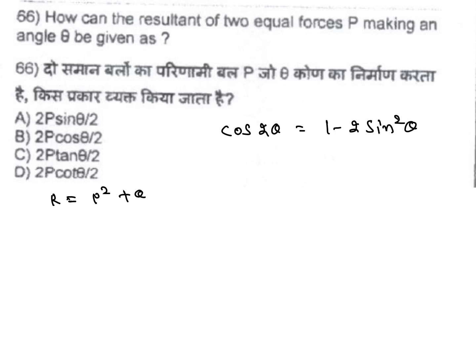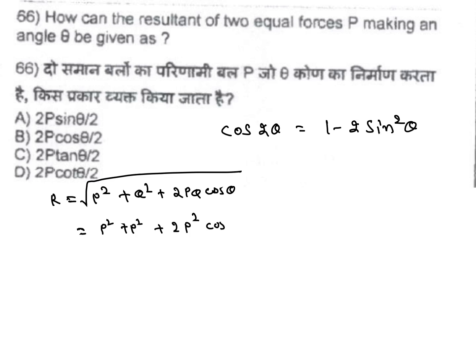Here both are equal, so P square plus P square plus 2P square cos theta. So take common P square, you will get 2 plus 2 cos theta.